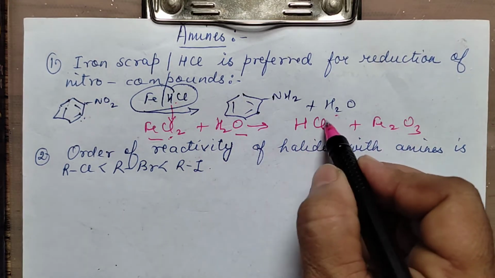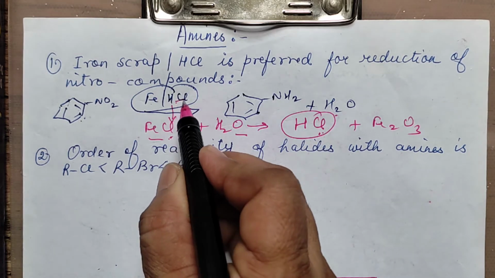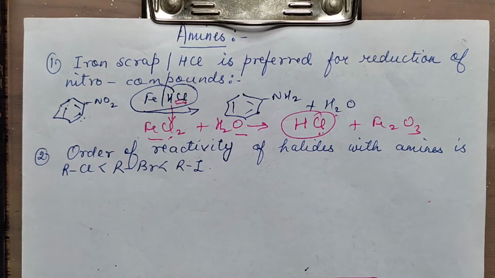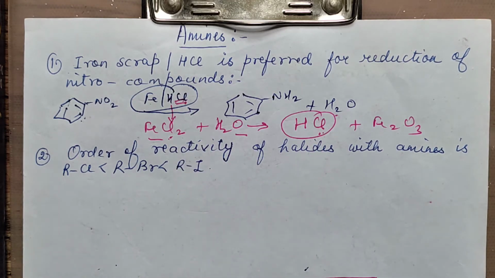So it is generating HCl. That means the HCl which we are using here is required only in very little quantity, and the rest is generated within the reaction.